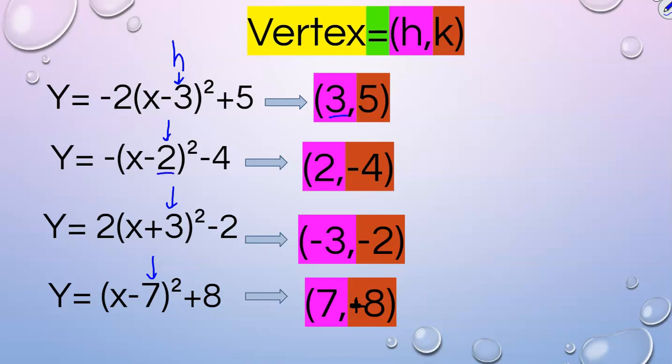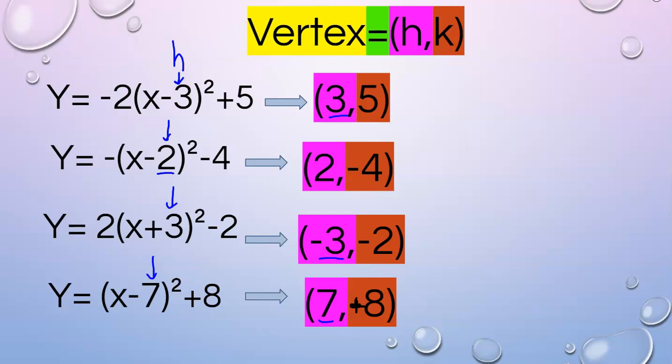This is -2 technically, and this made my H value a +2. This is +3, and this made my H value a -3. And this is -7, and this made my H value a +7. So you can almost see that trying to get the vertex from the equation, you're going to do the opposite if you're looking at the H value of your vertex.